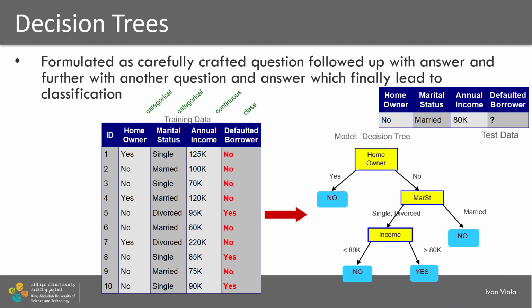Now we will leave the rule-based classifier. Further details of how to build a rule-based classifier are out of the scope of this lecture, and we will dive more into the so-called decision tree classifiers. Decision trees are similar to a rule-based classifier because they build rules based on the attribute values coming from the training set, but these rules are executed in a hierarchical fashion.